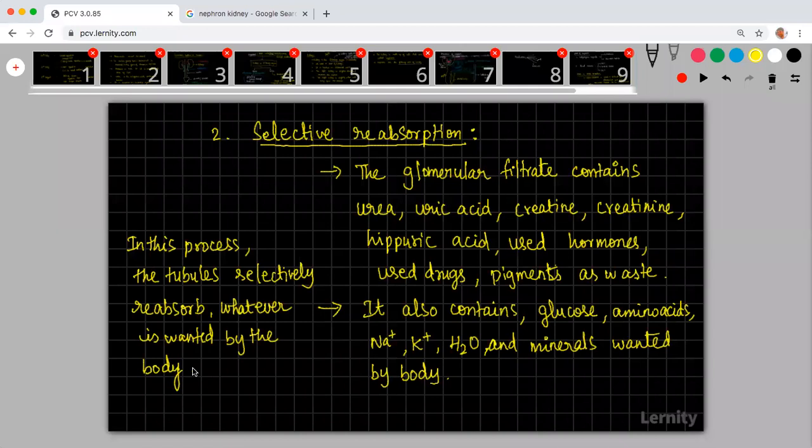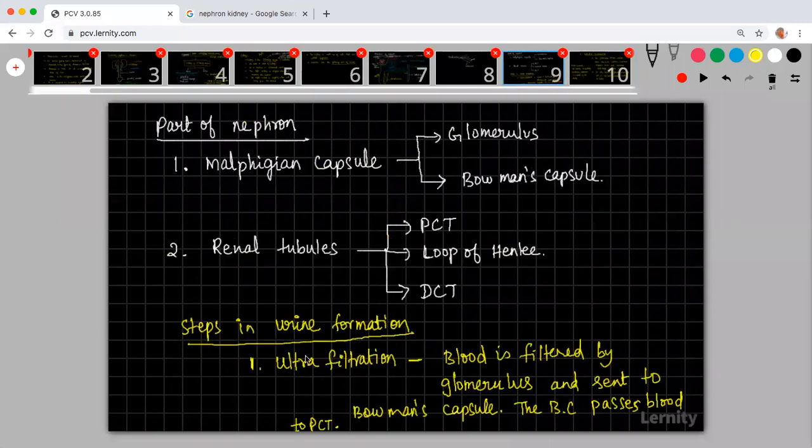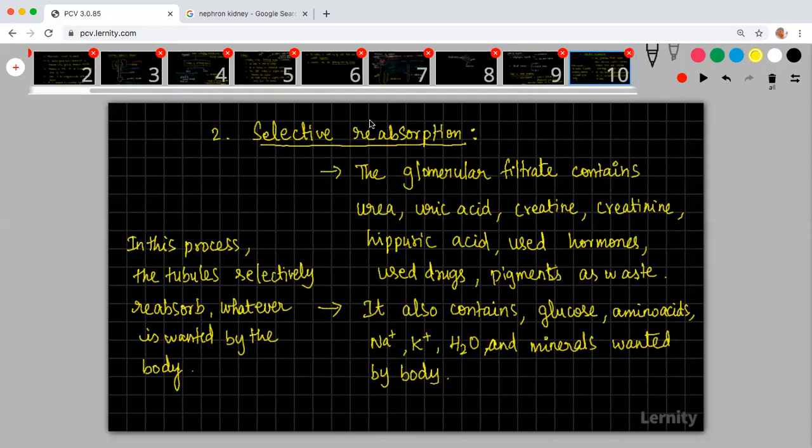So this is the second thing that you need to know. What is the second process? The first step we have studied is ultrafiltration, the first step of urine formation. The second step is what we call selective reabsorption. Selective reabsorption means your nephron is selectively trying to take out things.